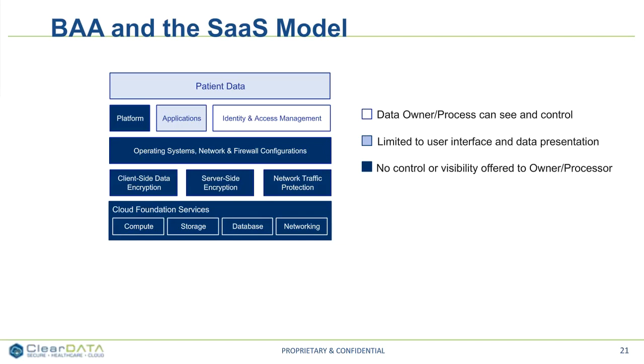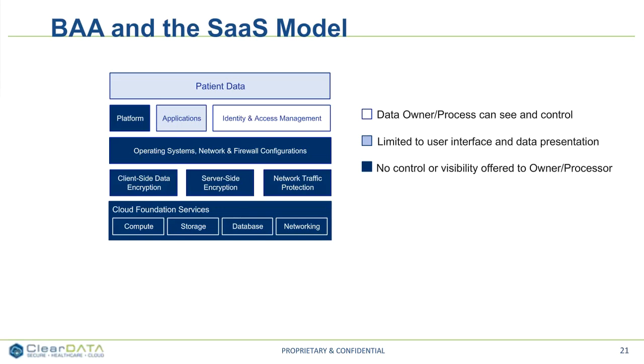The business associate agreement and the SaaS model, really getting back to that discussion around the business associate agreement. The SaaS provider really has to take a lot of responsibility for safeguarding your data. And your business associate agreement would likely have to have a more detailed focus on the responsibilities of the SaaS provider.